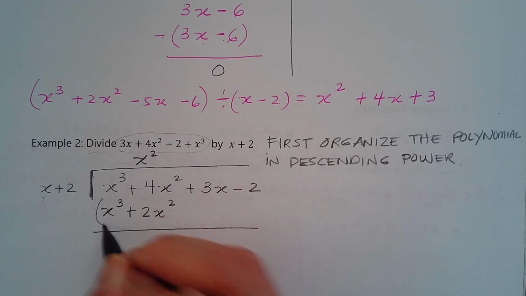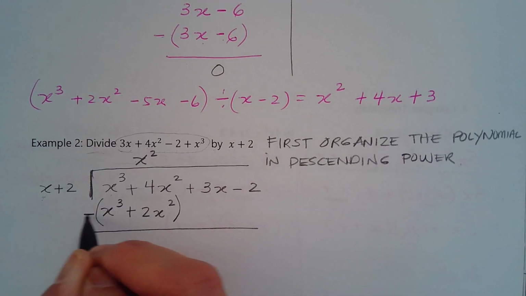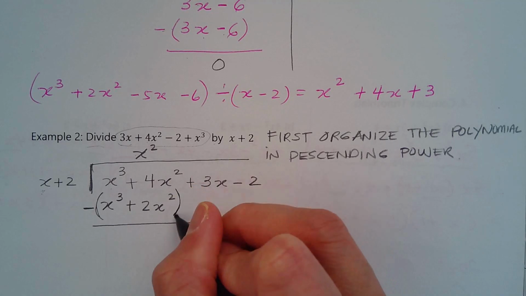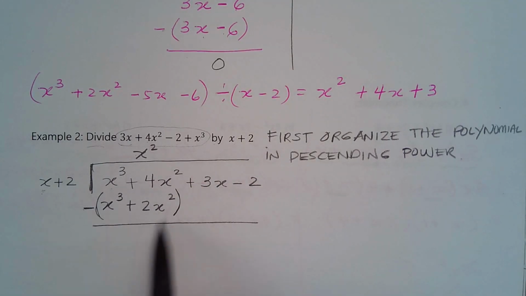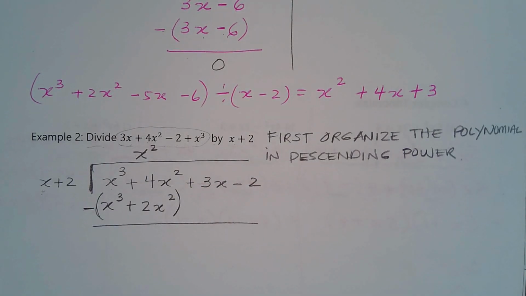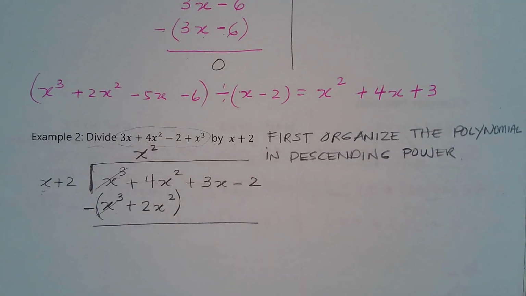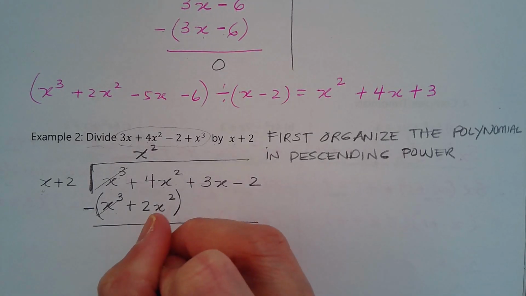We're going to subtract everything. So I'm going to put a bracket there because I want to subtract all of this. And what do we get from here? x cubed minus x cubed, they cancel out. Okay, so that's gone. Got to be careful here. 4x squared minus 2x squared is 2x squared.